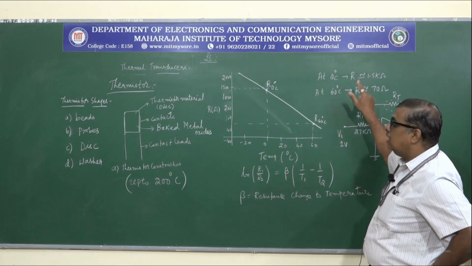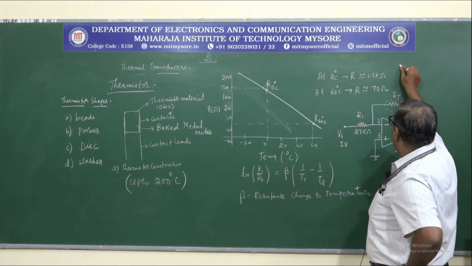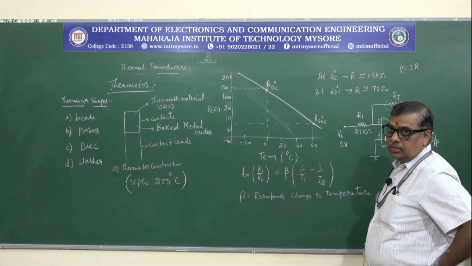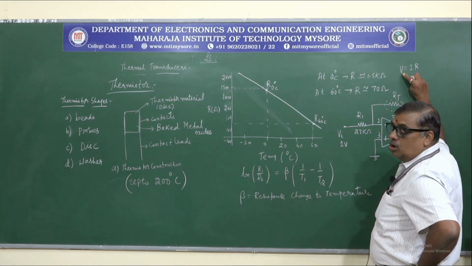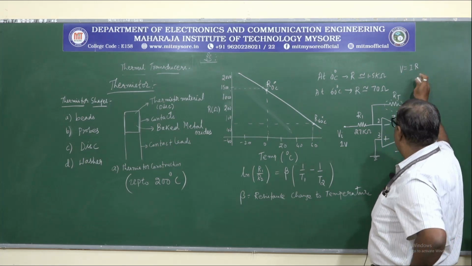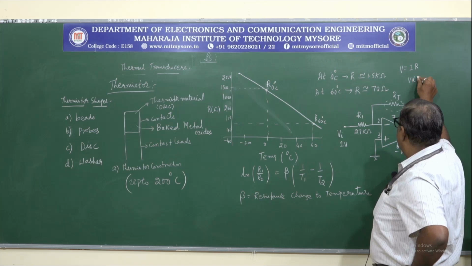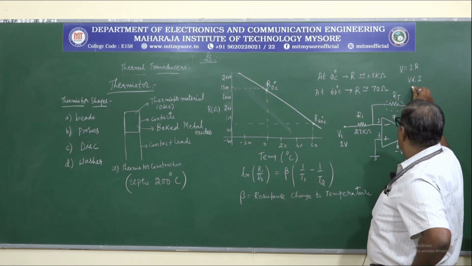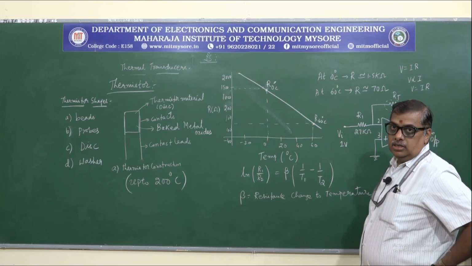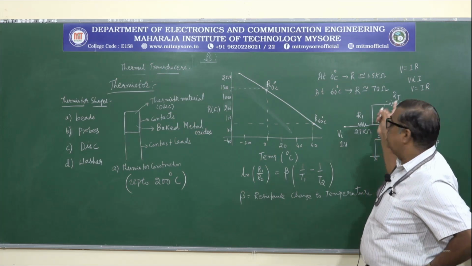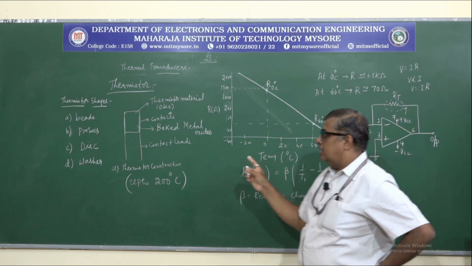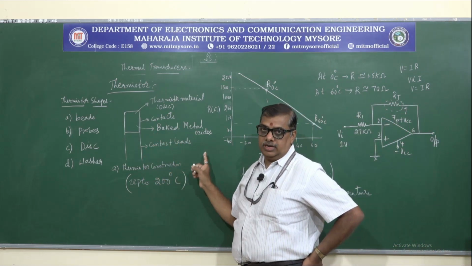Now, by Ohm's law, V is equal to IR, and if I want to measure voltage in terms of the change in resistance, we know that V is proportional to I. Now if I apply this principle to this thermistor, here resistance is changing with respect to temperature.